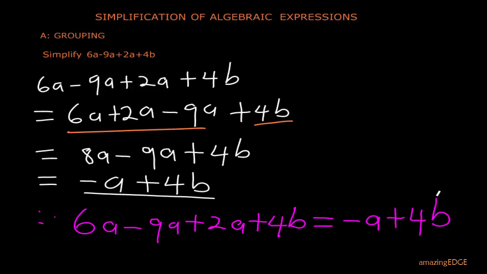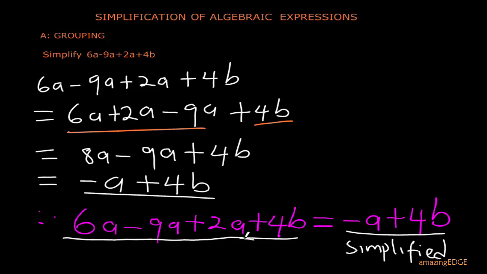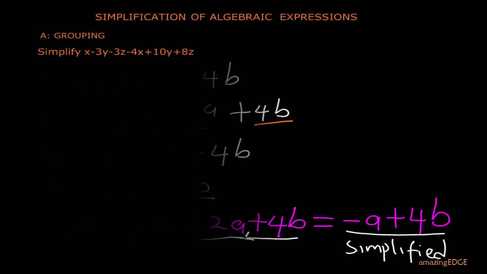So you observe now that what we have on the right hand side is simplified. So this is shorter than what we have on the left hand side. So this is a simplified version of this expression on the left hand side of the equation. Okay, and that's what we mean by simplification by grouping.